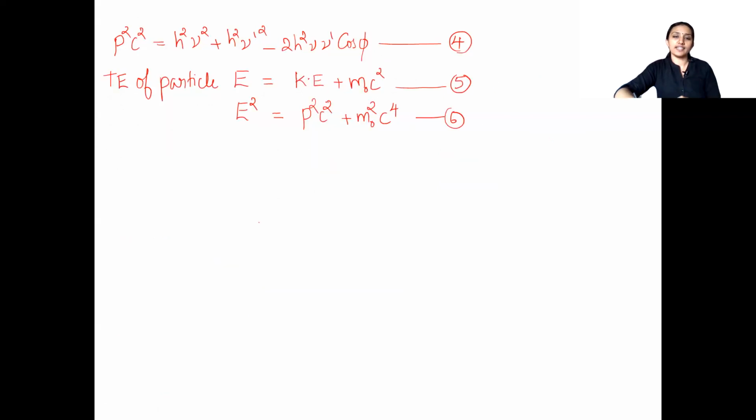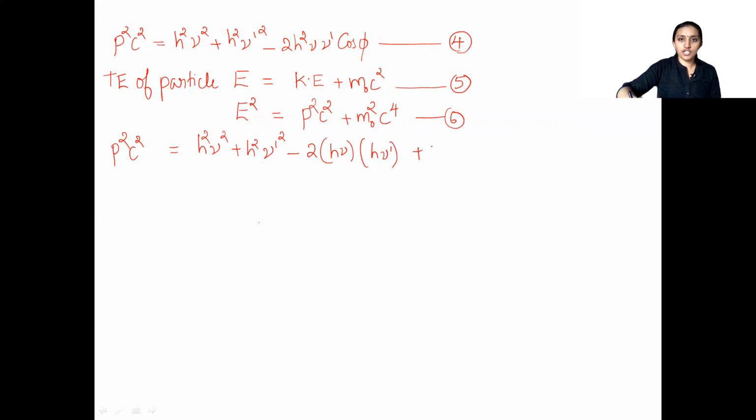So substituting for kinetic energy and equating 5 and 6 and on solving, we would arrive at another equation for p squared c squared, and that is equal to h squared nu squared plus h squared nu dash squared minus 2 into h nu into h nu dash plus twice of m0 c squared into h nu minus h nu dash. So this is equation number 7.